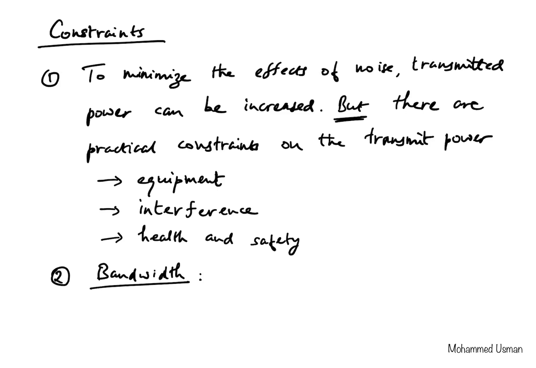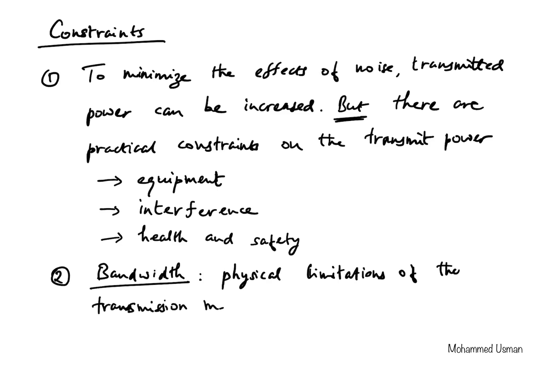So the bandwidth constraint arises from the physical limitations of the transmission medium over which we are transmitting. Okay, depending on our channel, whether it's a copper wire or a fiber optic cable or the wireless medium, depending on these, we have a limitation on the bandwidth.